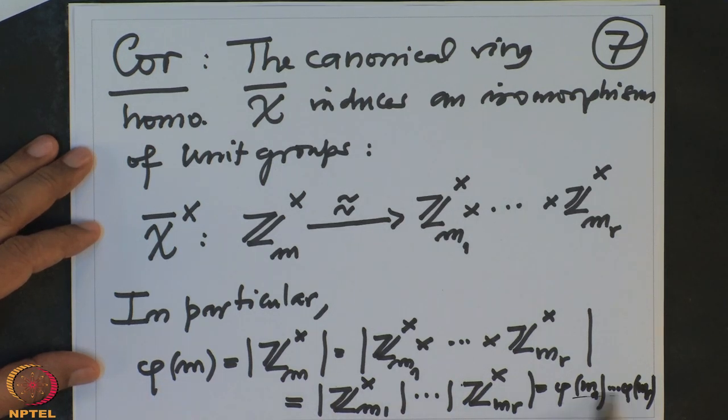That means whenever you have relatively prime integers and when you apply phi to their product, it is the product of the phis. So that was the consequence. That is the property of the Euler's phi function.